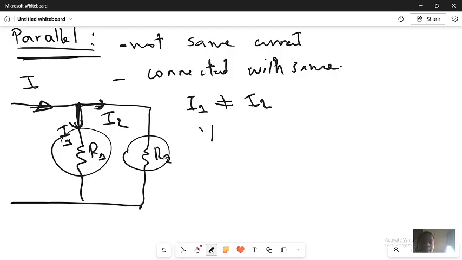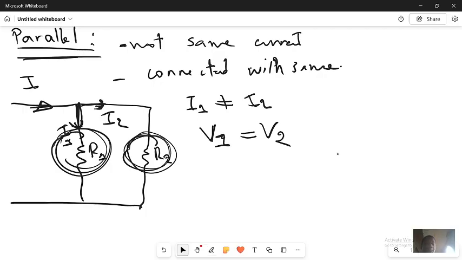But we have to know something. The voltage across this one is the same as the voltage of this one. V1 equal V2. The voltage of this one equals the voltage of this resistor. In parallel, the voltage of this one and this one will be the same.